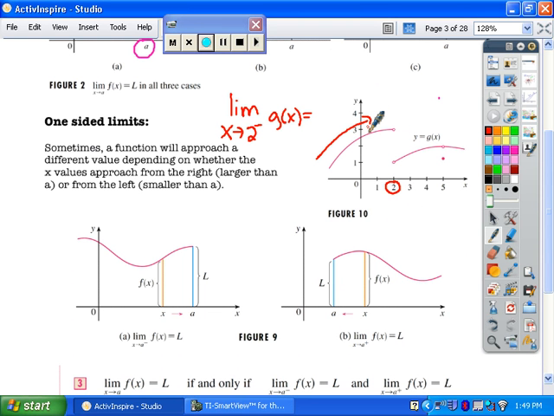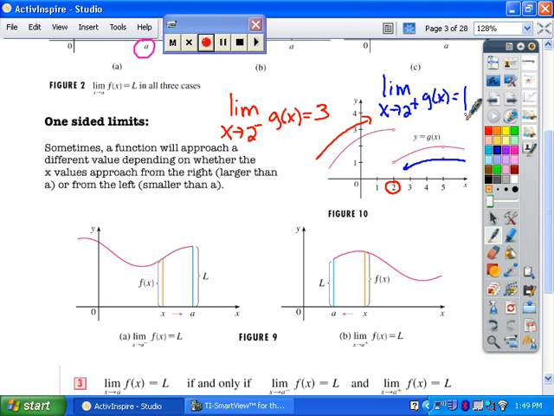What does it appear that the limit would equal? 3. That's from the left. Then I can also ask you, what is the limit as x approaches 2 from the right? So from the right, as we approach 2, what does the limit approach? 1. Okay? These are called one-sided limits.